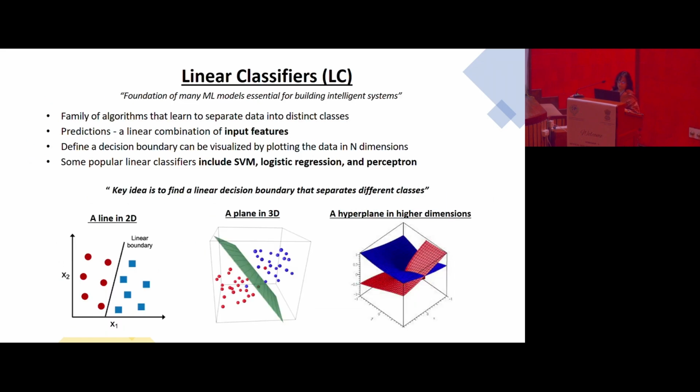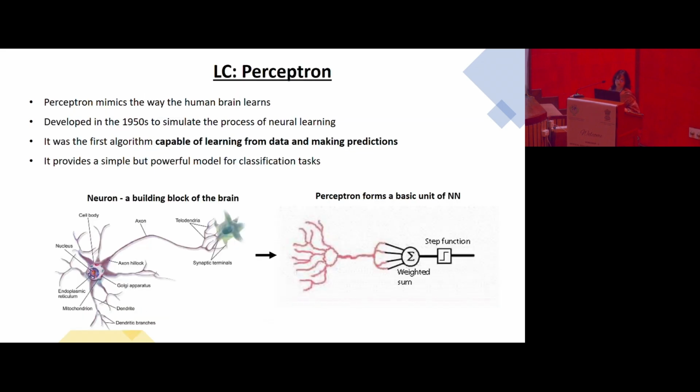There are some popular linear classifiers that include support vector machine, logistic regression, and perceptrons. Perceptrons were developed in 1950 to simulate the process of neural learning. Their design was derived from the neuron, the building block of the brain, and that is why it is able to mimic the way the human brain learns. It was the first algorithm capable of learning from data and making predictions.